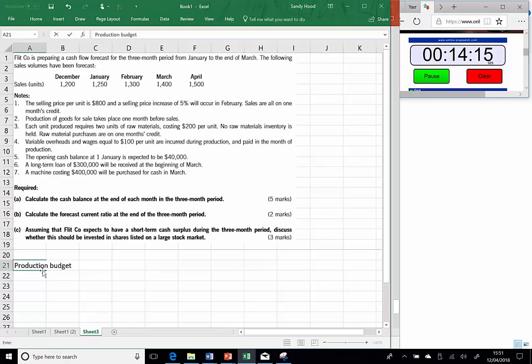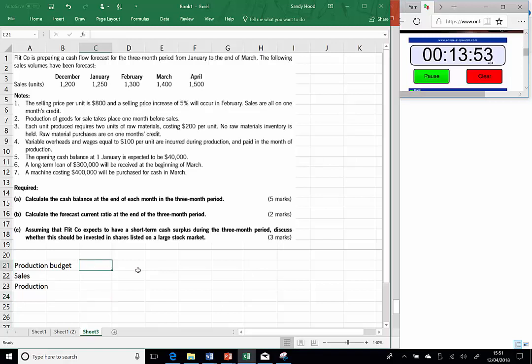Now, you've got to bear in mind that the examiner's looking for the cash balance, so you don't need to have a lot of factors within it. You just need to be able to find it yourself and be able to show it in such a way that the examiner can follow what you're doing.